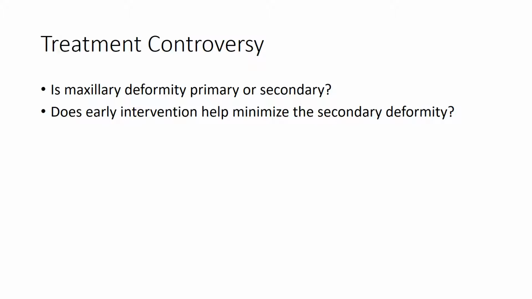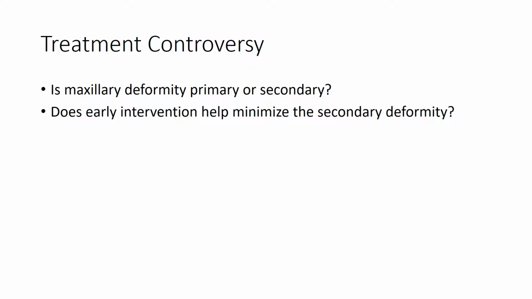Other people feel that that doesn't really work, that the orbital and maxillary deformity is just part of the condition, it's going to happen, and you should just let it all happen. Don't perform surgeries on little kids, and when they're fully done growing, then do one surgery at that time and fix everything all at once.